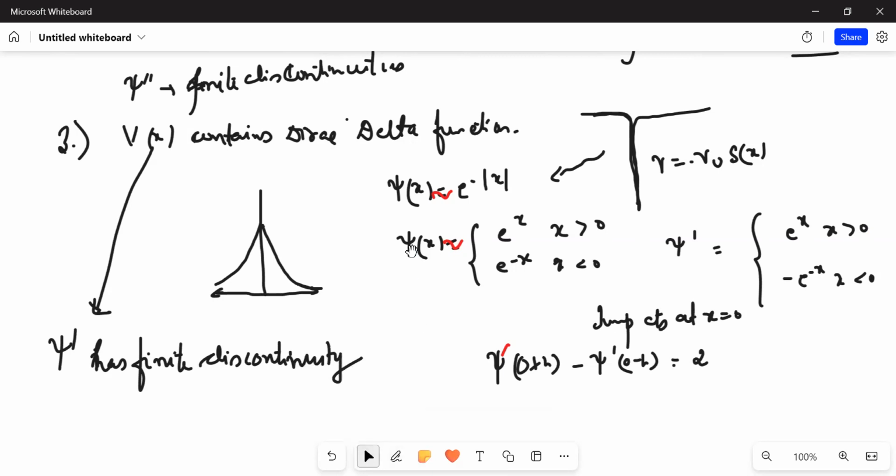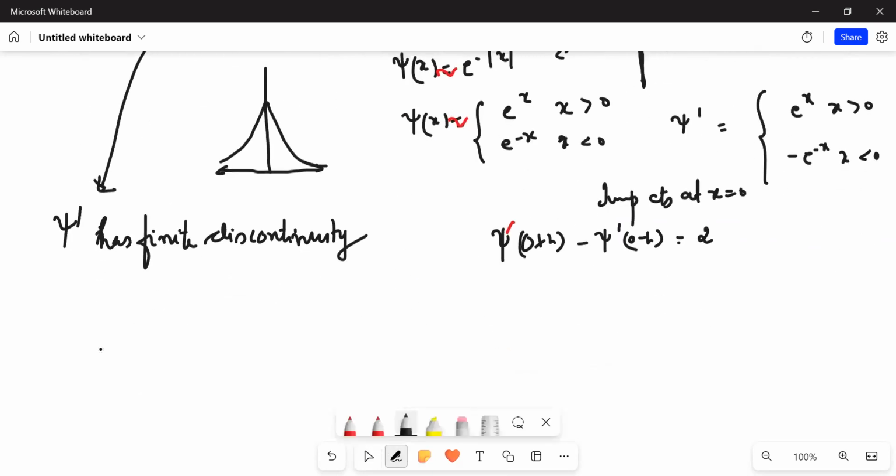Now the fourth case is again the case of discontinuities, and the case can be like if Vx contains hard walls. And what do I mean when I say hard wall?